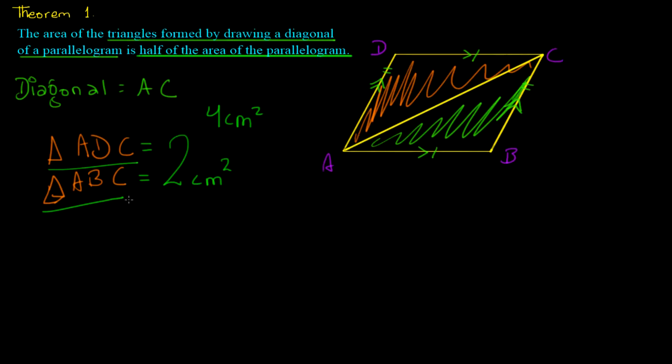And if the areas of the two triangles are equal, then by using the whole part axiom and some other steps, we can prove that the area of the triangle formed by drawing a diagonal of a parallelogram is half of the area of the parallelogram.